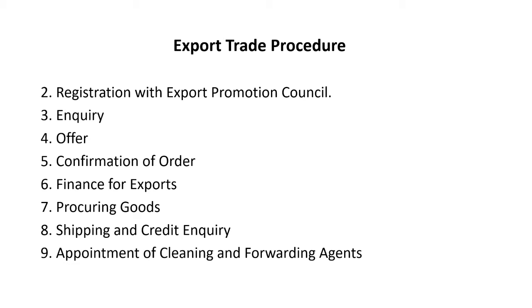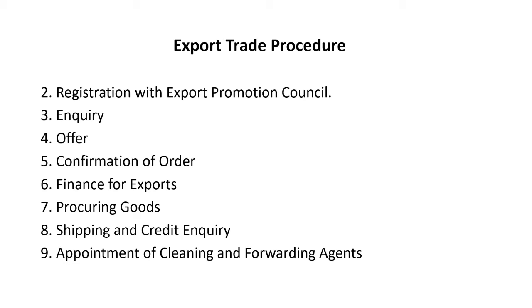Next, the seventh one is procuring goods. After the confirmation of the export order, the export firm has to ensure that the goods are procured or manufactured as per the specification of the importer.